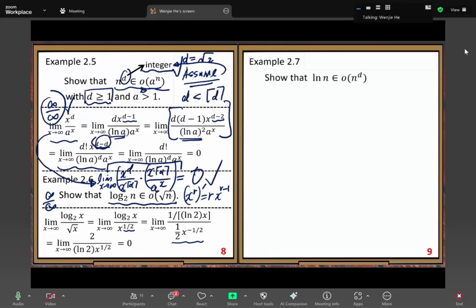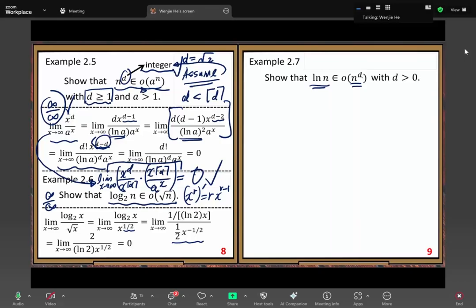So example 2.7. This time we use the natural log, because here the base is not that important. Then the power function, our g function, has a general d.